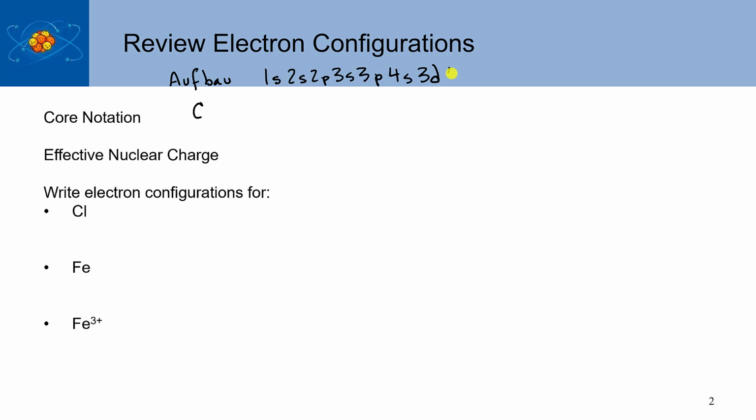And then we'll have 4p and 5s, and then 4d, and then 5p, and then we're going to have 6s, and then 4f, 5d, and then 6p, and it repeats like that if you can see what the pattern is. I'll take you to the periodic table and show you that very briefly.